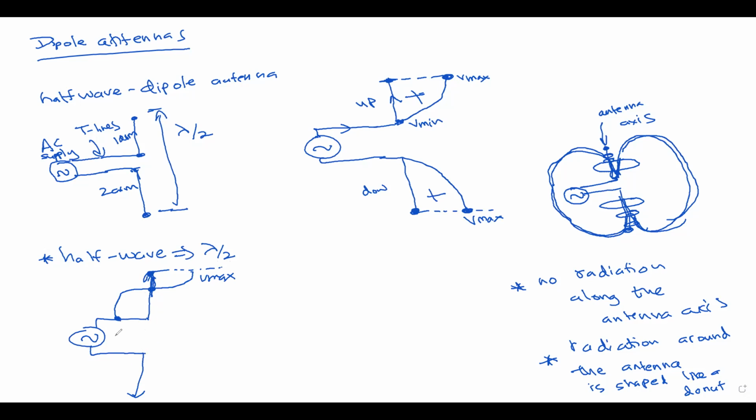The same thing will happen in the lower arm, where the voltage maximum happens like this, voltage zero happens here, the voltage will be reversed, and the maximum will occur at the feed point.